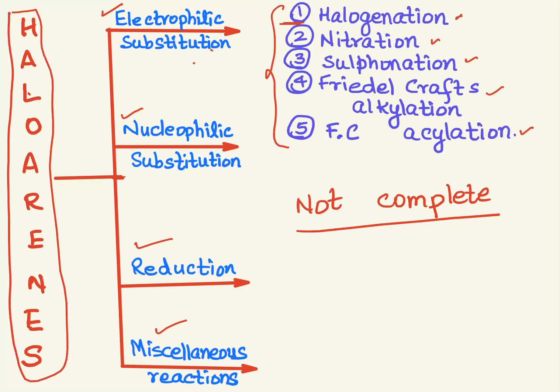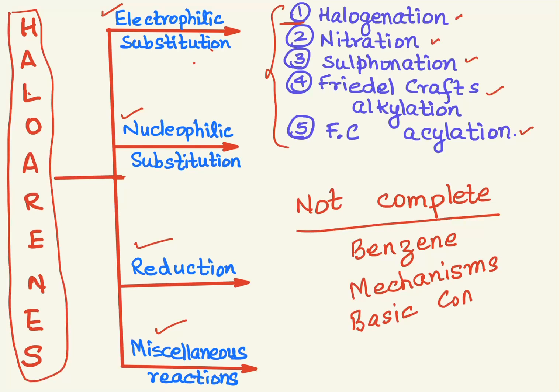We have already spoken about them in detail under the topic of benzene, and we have also covered the mechanisms of each of these reactions under the set of videos on basic concepts of organic chemistry. Any doubt? Pause the video now, watch the properties of benzene, clear your fundamentals, and now try writing the reactions for each of the 5 electrophilic substitution reactions of haloarenes.